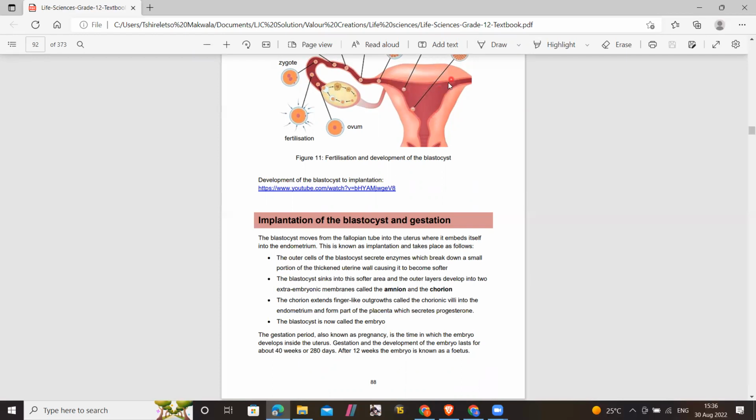Then they just tell you how the blastocyte develops: it sinks deeper into this area and develops the amnion and the chorion. This thing is not really important. The implantation of the blastocyte is not really important.